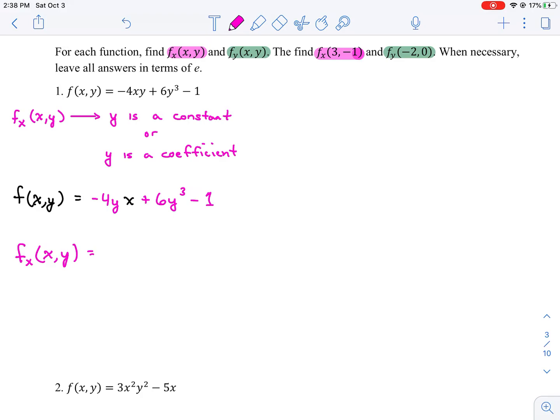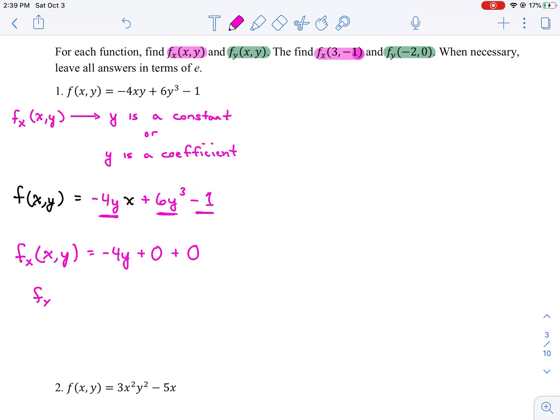And since -4y is the coefficient of x, the derivative of this term with respect to x is -4y. The second term, 6y cubed, is a constant, so that derivative is 0. -1 is a constant, so that derivative is also 0.